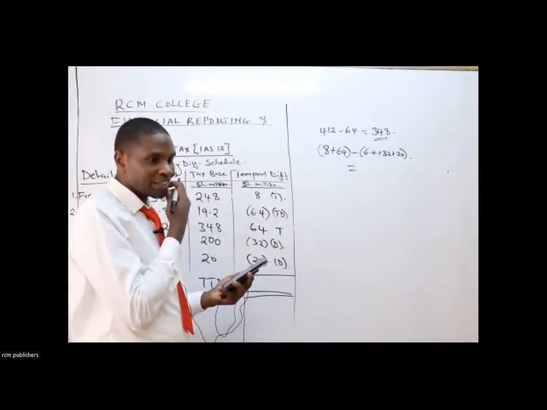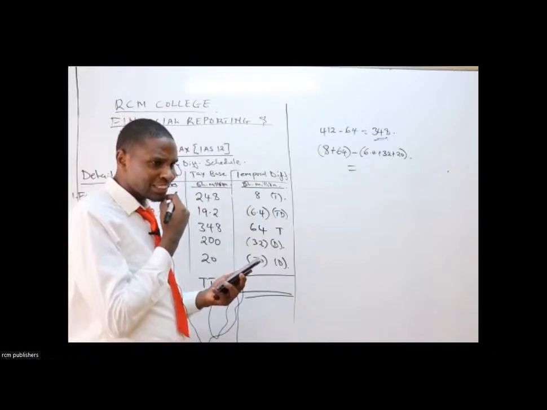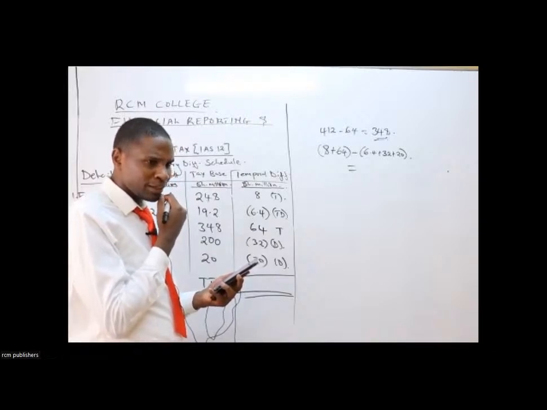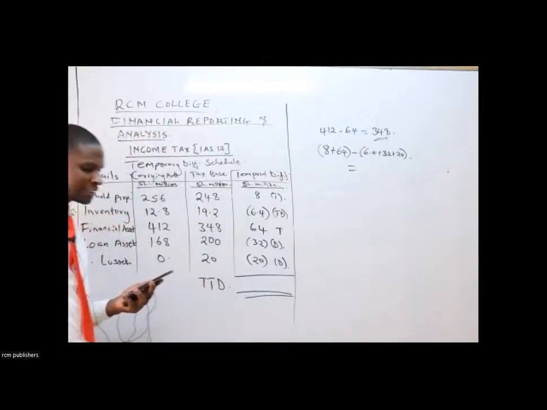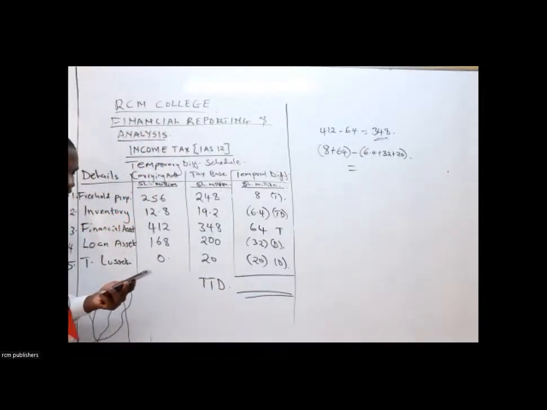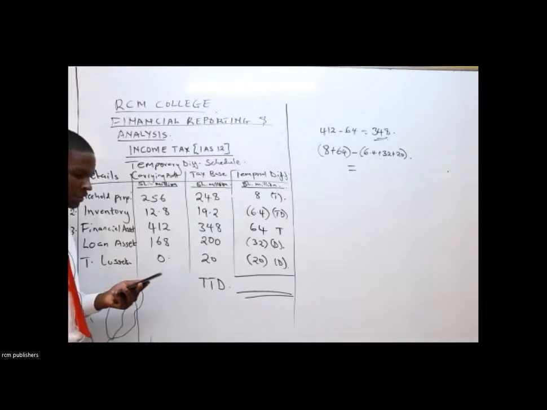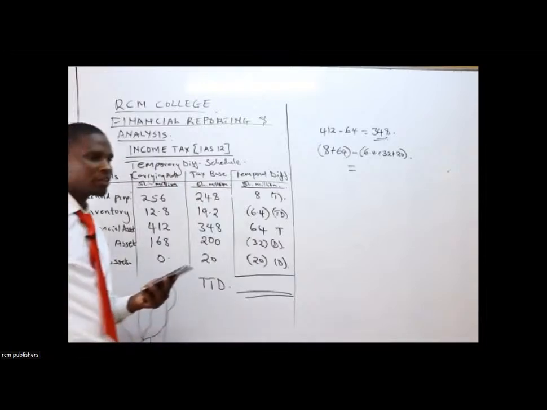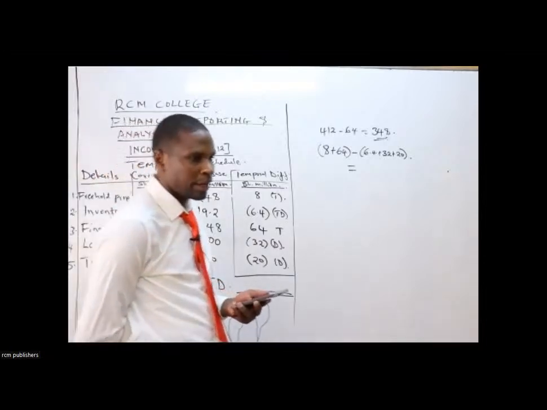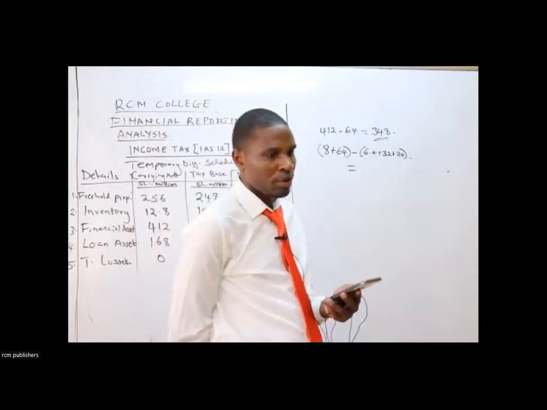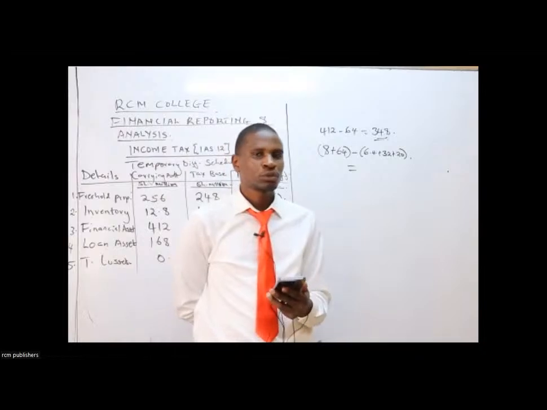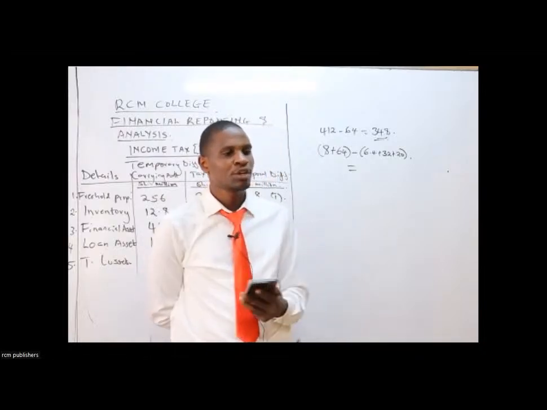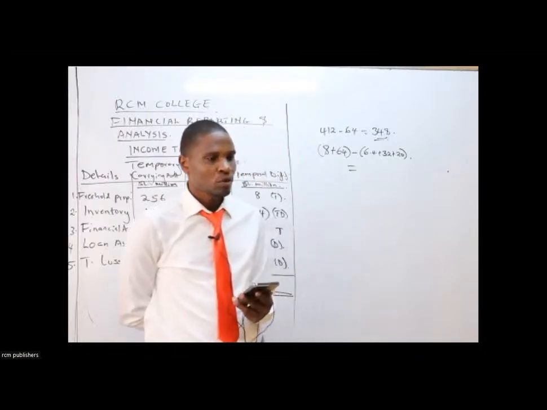What will be our total temporal difference? Let's do that simple mathematics. I'm getting 13.6. Some people are getting 13.8. I don't know where we are getting it wrong. I'm getting a total temporal difference of 13.6 million. Can you confirm?